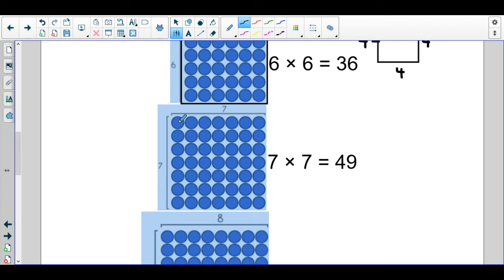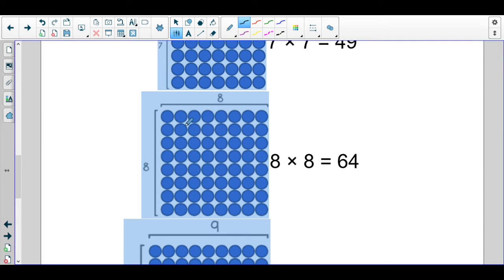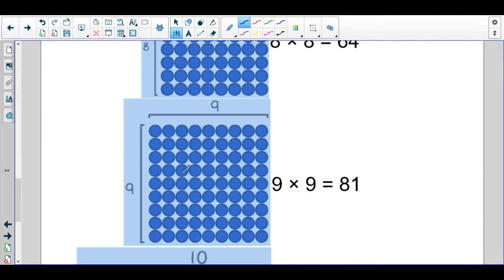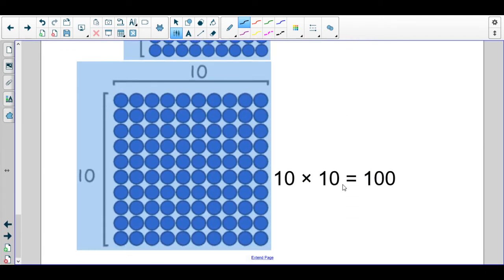Here's 7 going up and down, 7 going across. There's 7 right here, and 7 right here to give us 49. 8 gives us 64. 9 gives us 81. And finally, the big one, 10 times 10, gives us 100.